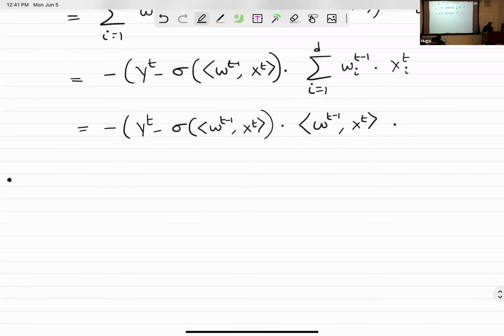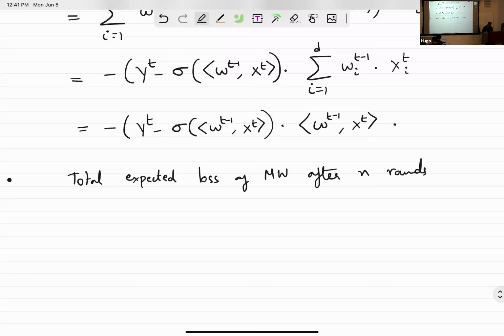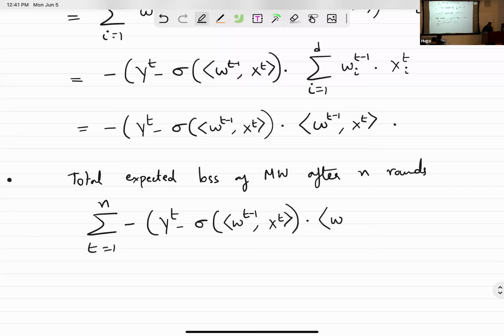So as a result, we get total loss of MW after n rounds is, okay.